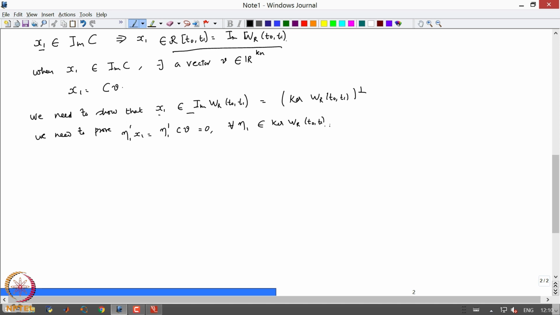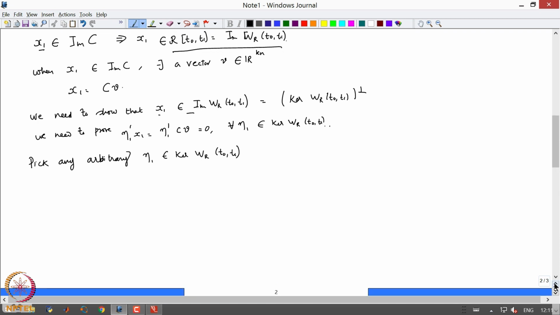Okay, now to verify this, just pick any arbitrary eta 1 from the kernel of W R. So, if you recollect our earlier proof, in one of the steps we had something like this, that b of tau transpose phi of t 1 minus tau transpose eta 1 equal to 0.